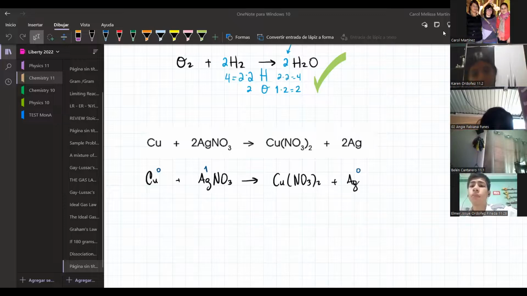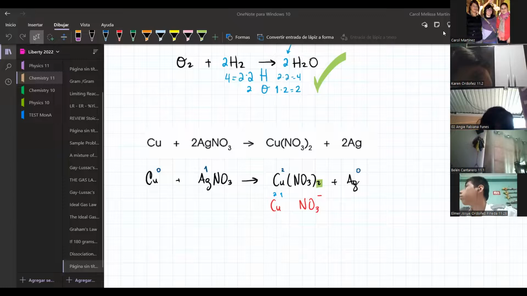Here, copper is going to have the charge of 2. Why? Because when you form the compound, you have copper and you have NO3, and NO3 is nitrate, which has a charge of -1, okay? And copper has the possibility to be copper 2 or copper 1, okay? So because I see that 2 over here, I know that it has to be copper 2.